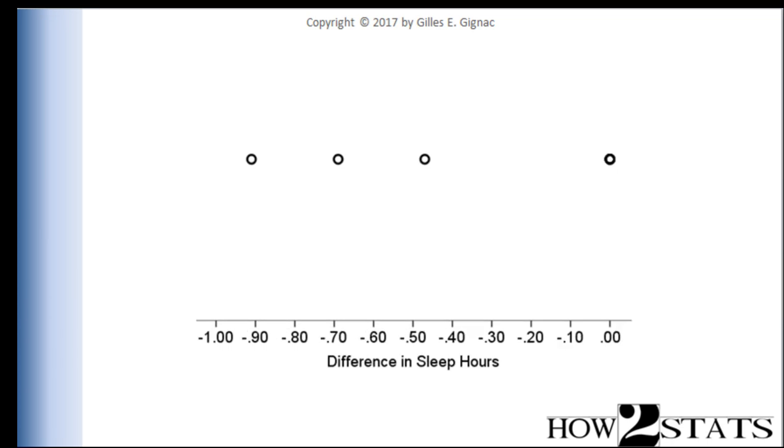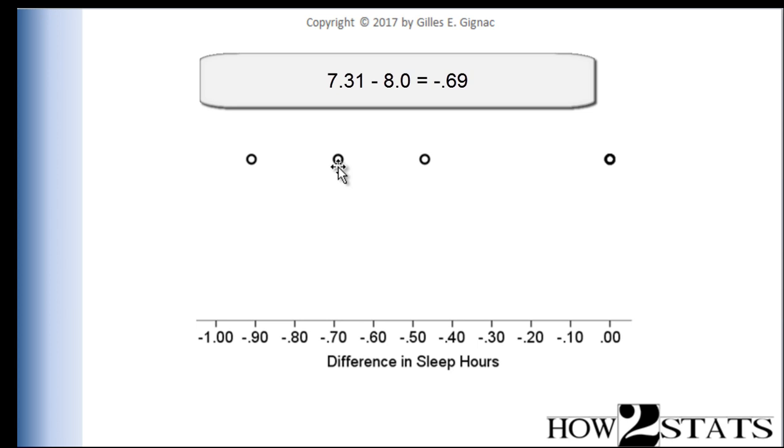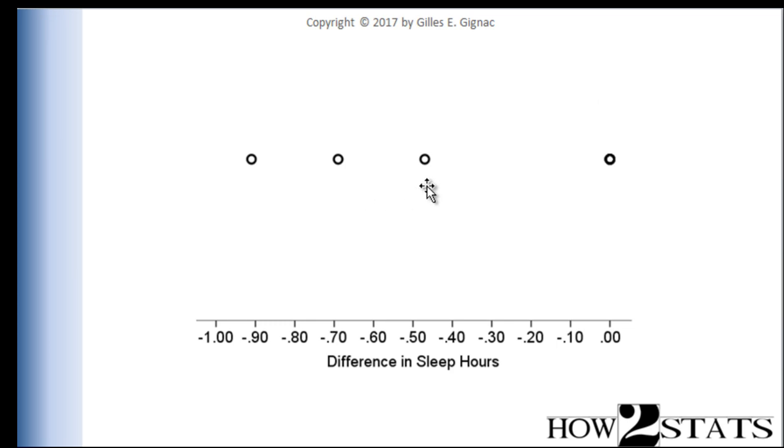Now here I've got a similar graph, but presented based on the mean difference between Kripke et al.'s 7.31 and my long-held impression of 8, and you might recall that was negative 0.69. So that's on this area of the x-axis, and the upper bound confidence interval goes up to something like negative 0.54.